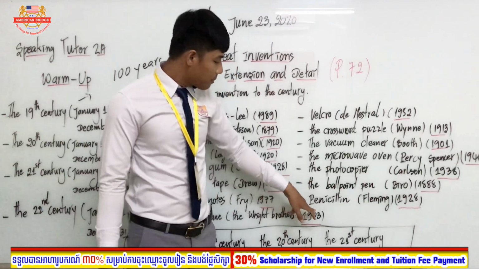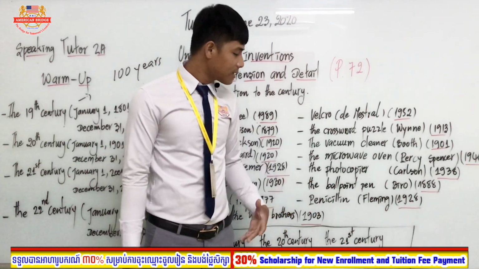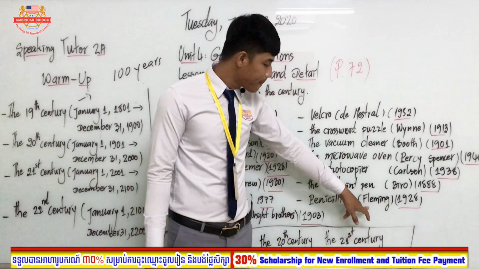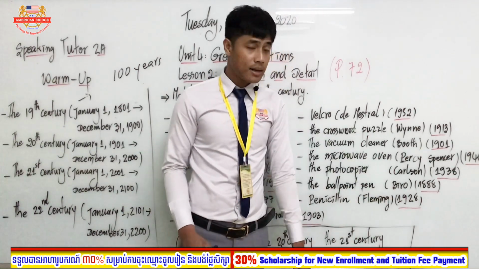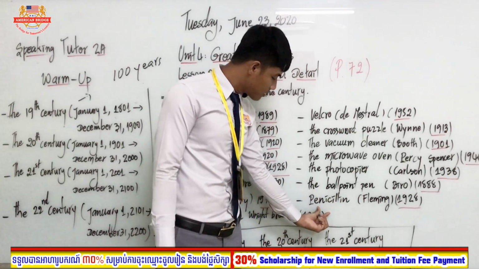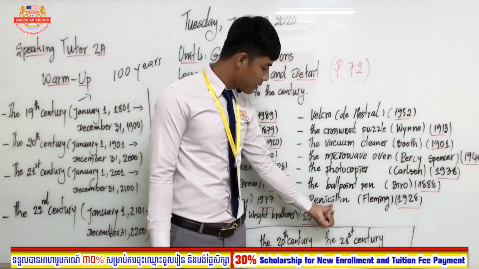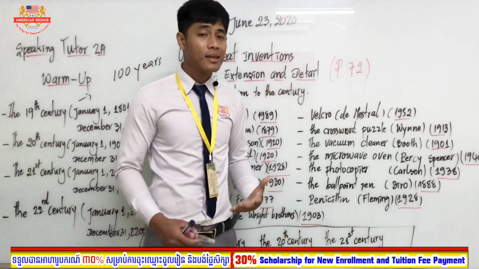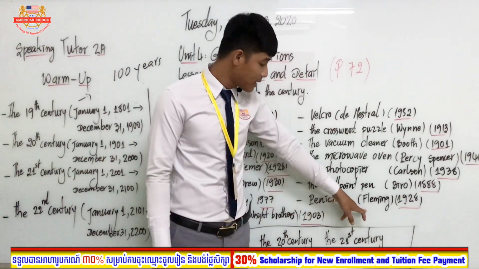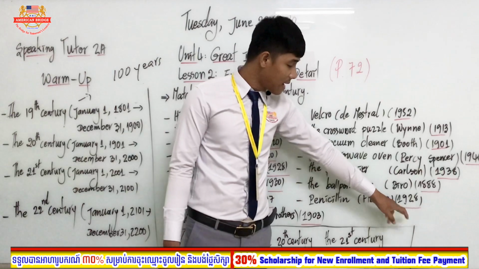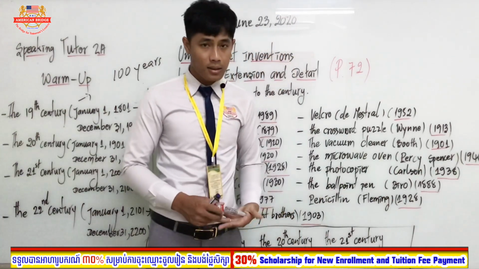Next, penicillin. Penicillin was created by Fleming in 1928. You know what it means? Penicillin is a type of medicine that was created by Fleming in 1928.